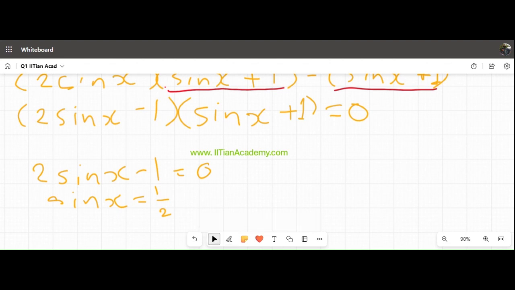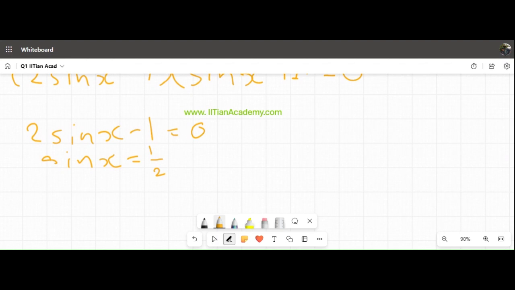And for our second term, we have sine x plus 1 is equal to 0. So if we rearrange, this equals 0 when sine x is equal to -1.